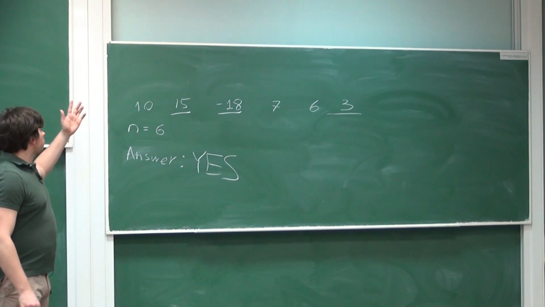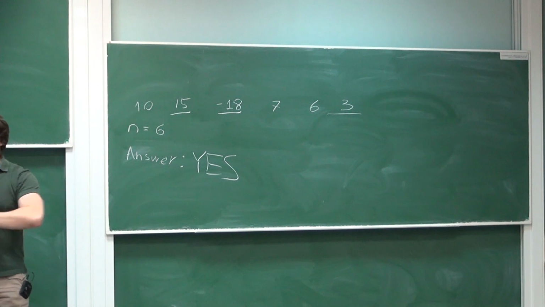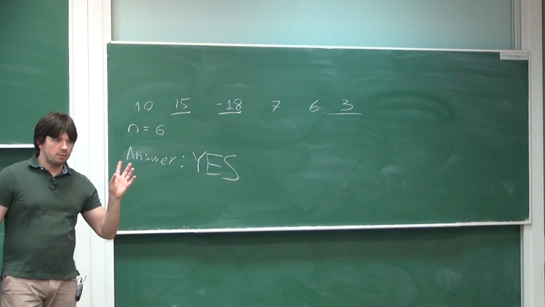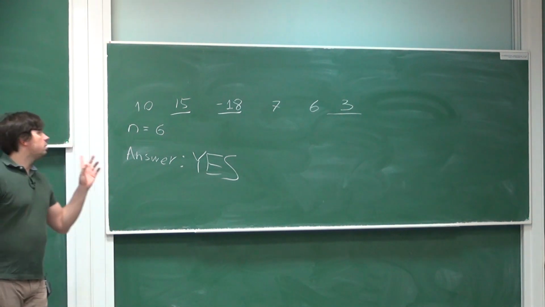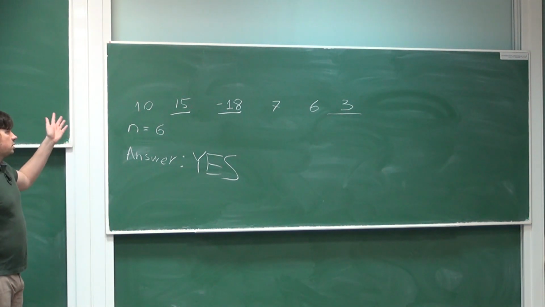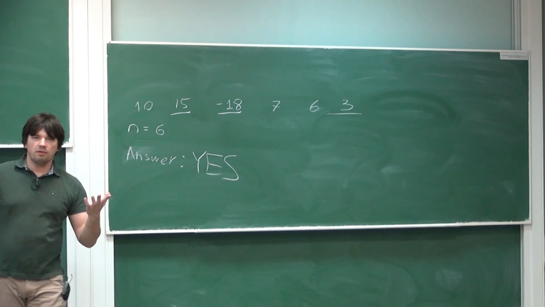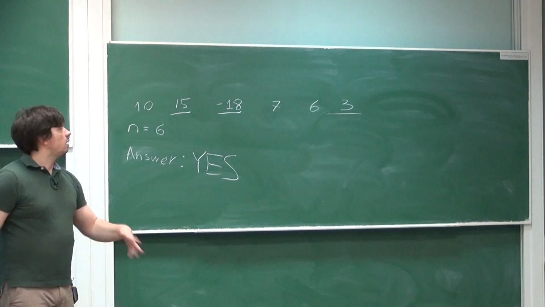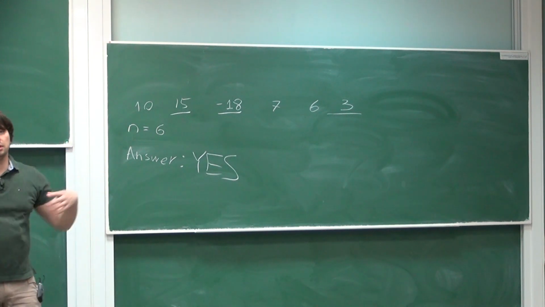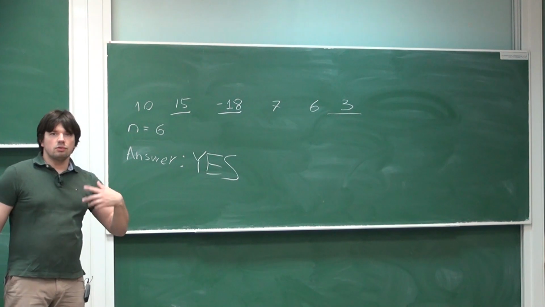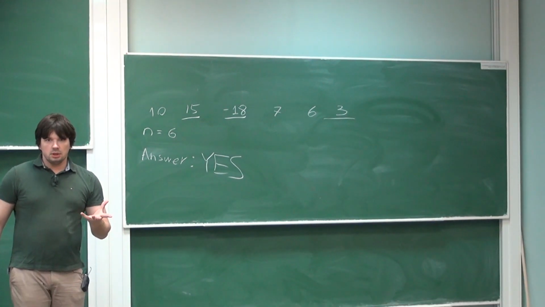So how can you solve this problem without having a headache of actually doing anything smart? Well, you just pick 3 numbers, check if they sum up to 0. Then you pick another 3 numbers, check if they sum up to 0. And you do that until you run out of triples.